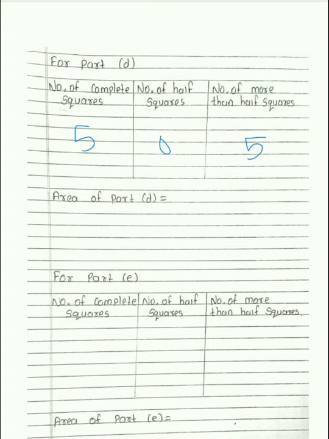Then area of part D is equal to 5 plus 0 upon 2 plus 5. 0 upon 2 means 0. 5 plus 5, 10 square centimeter. So the area of part D is equal to 10 square centimeter.